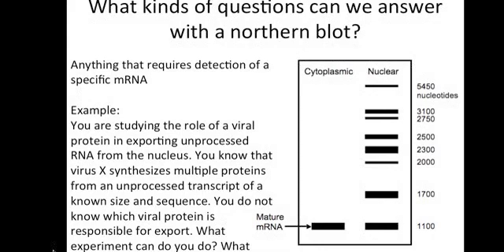Okay? So you know that virus X synthesizes multiple proteins from an unprocessed transcript, and you know the size and the sequence, but you don't know which viral protein is responsible for exporting. So what kind of experiment would you do, and what results do you expect to see?